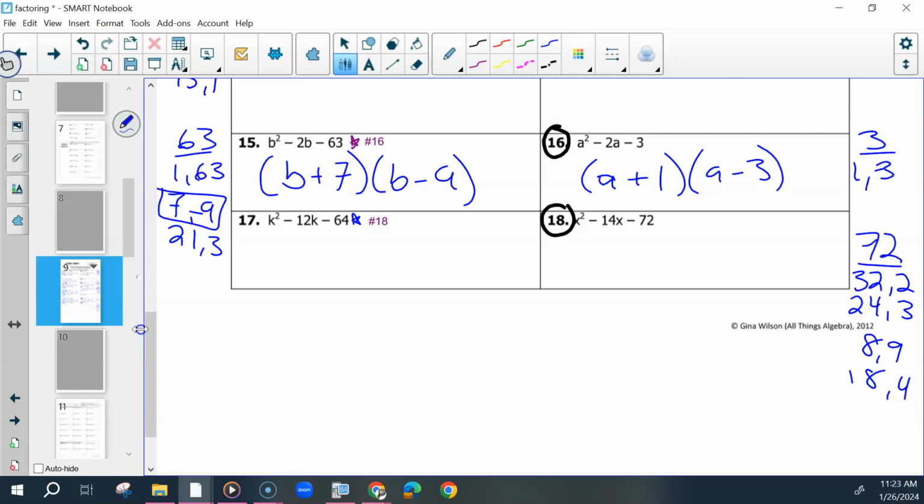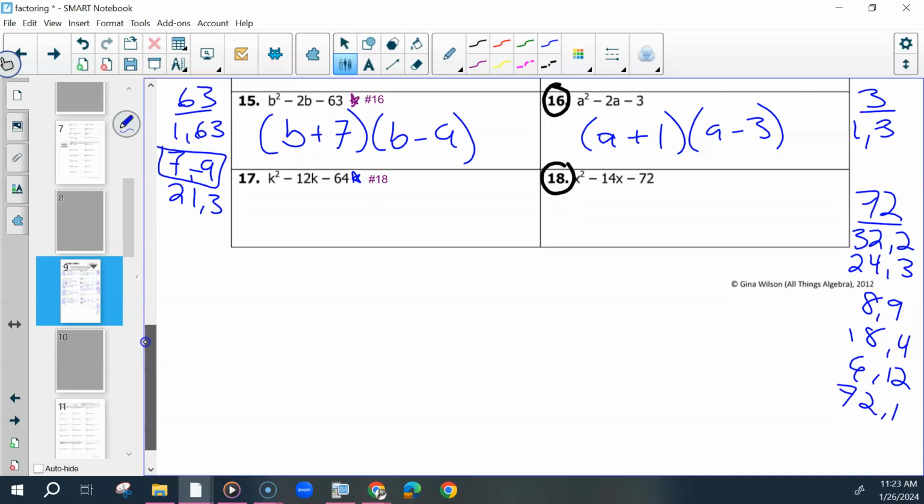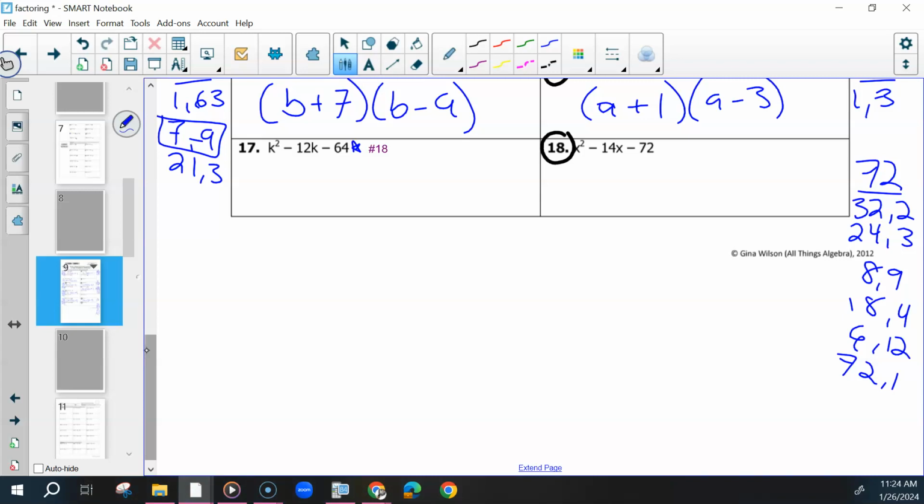Any others? 6 and 12. 72 and 1. There's a bunch. Now, of these, which pair, if I made one of them negative, when I added or subtracted them together, would give me negative 14? 18 and 4. Which one would be negative? 18. So what would those two factors look like? X plus 4.